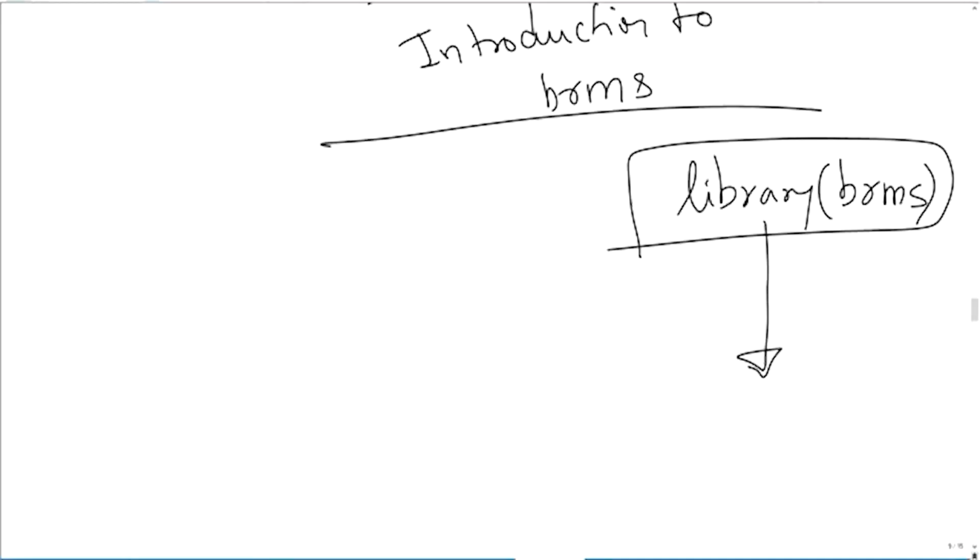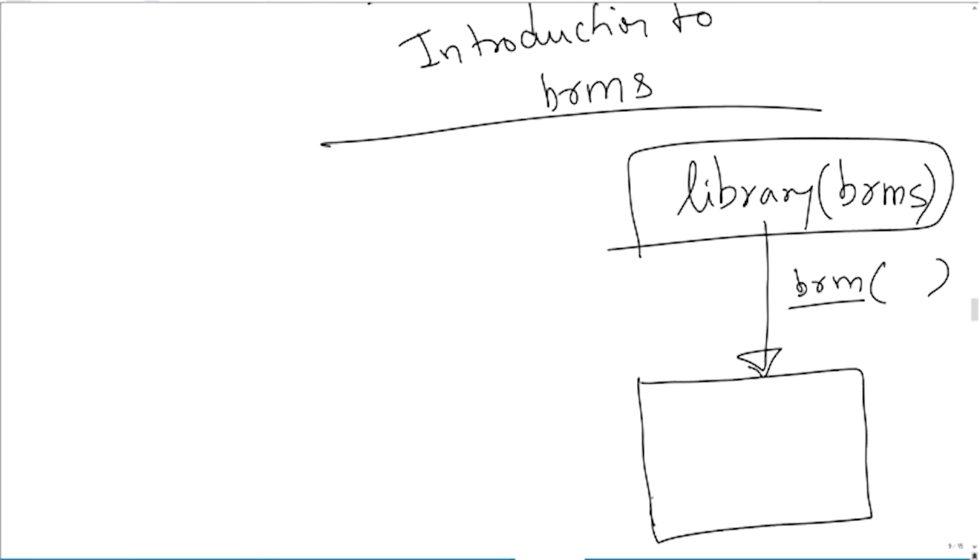Whenever you call this library and implement your model using the BRM function, which calls an HMC sampler, it actually writes a piece of code in a probabilistic programming language called STAN.